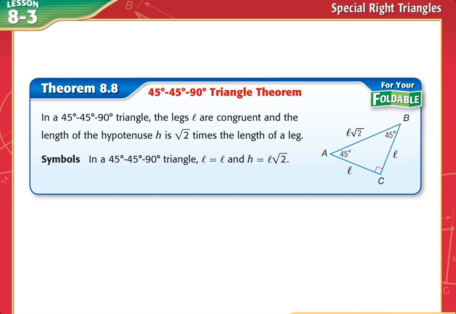In this theorem, it says that the legs L are congruent, so this side length is L. And then the hypotenuse is that same length multiplied by root 2. On Mathia, I think they used x and x root 2 as the different ways to express it.